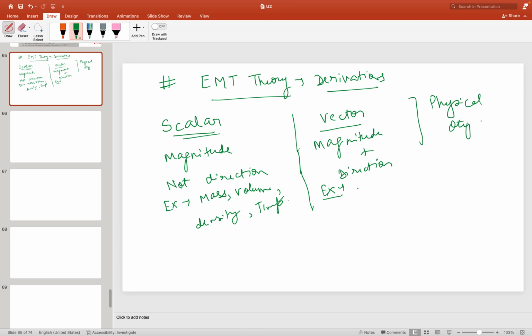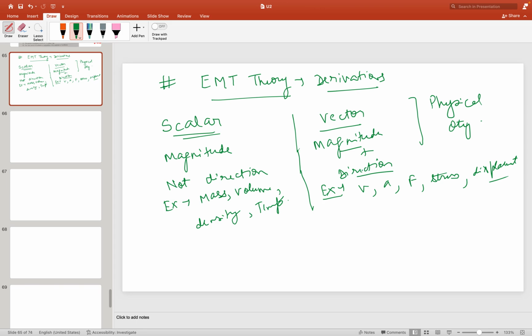Velocity, acceleration, force, stress, displacement. Okay, these are all vector quantities. A vector quantity is a number giving the magnitude of the quantity in terms of its unit and also a statement of its direction. So both things are involved here.